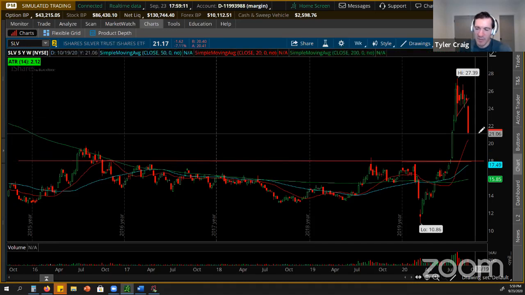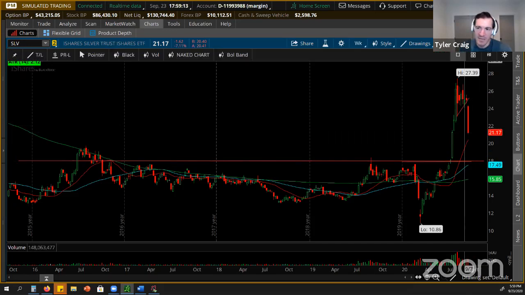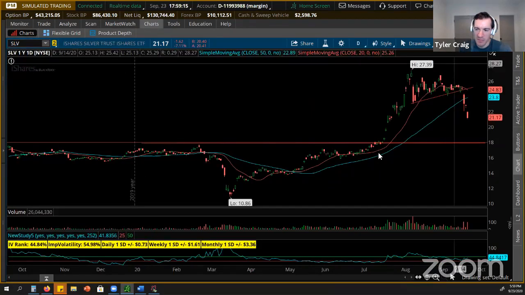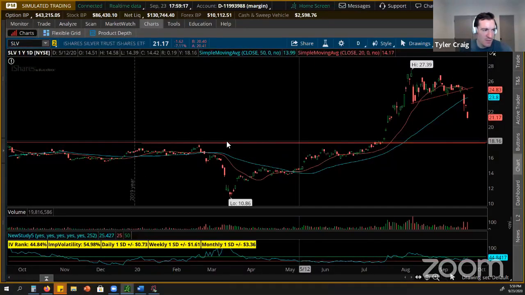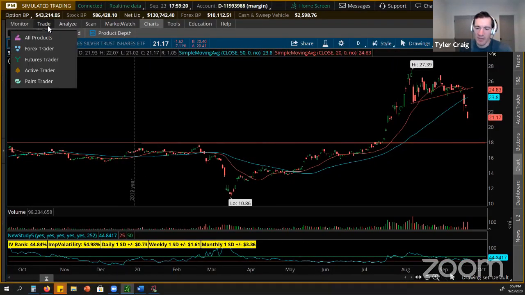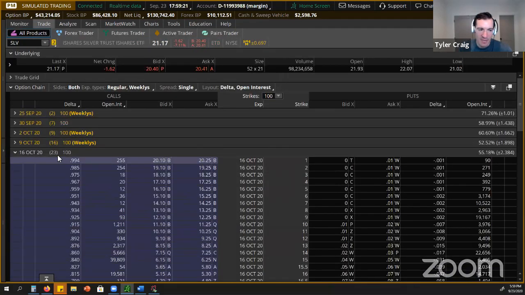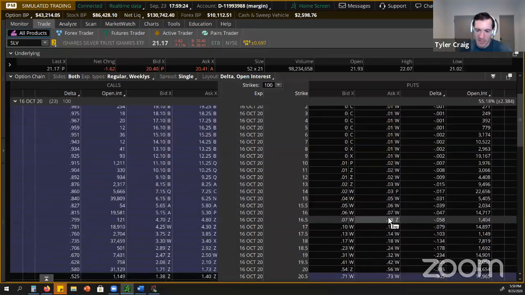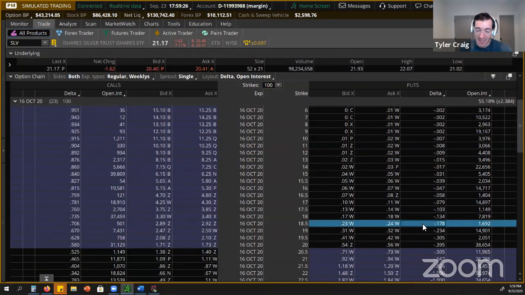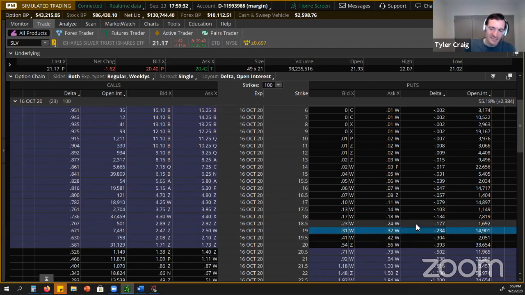So that one made me a little bit nervous, but naked puts could be one way that you consider trying to fish for a bottom. If you take a look at the out of the money puts for silver, trying to generate some cash flow, honestly, for October, 1850 is about as good as you're going to get. 1850 or 19 strike.